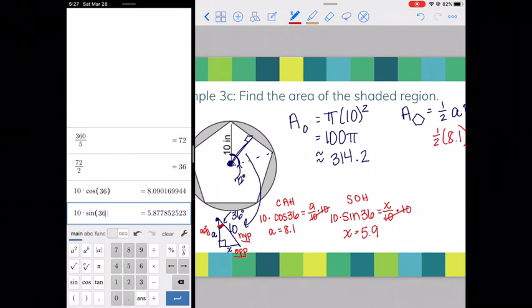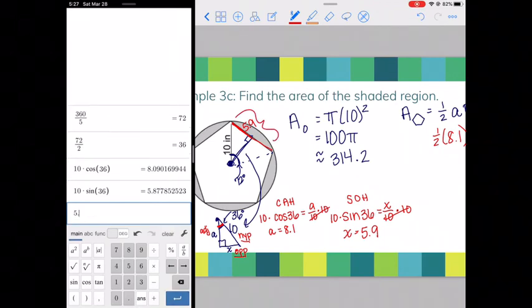So that means that this little piece right here is 5.9. To get the entire side length, that's going to be twice that long. So I'm going to do 5.9 times 2, which gives me 11.8. And then there are 5 total sides, so I'm going to do 11.8 times 5. And that tells me that my perimeter is going to be 59 units.